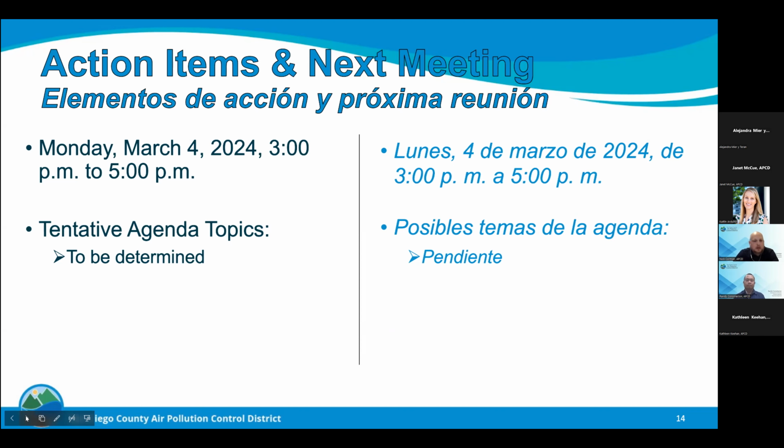We are not quite sure what we're going to be speaking about yet, but we are looking at going back to some directives that our board gave us about a year ago, looking at our timeline and trying to see if we can hit what we promised to the board, and possibly investigate how we prioritize disadvantaged communities and EJ communities as part of this effort.